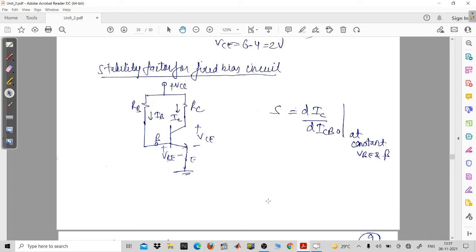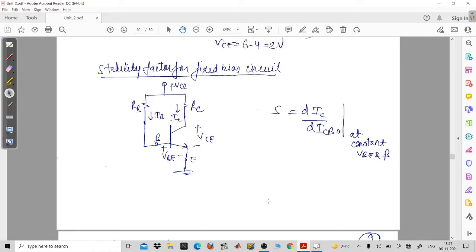So today we are going to understand the stability factor for a fixed bias circuit. I have already told what the fixed bias circuit means, because in this circuit all the parameters are fixed. VCC is fixed, RB is fixed, RC is also fixed.